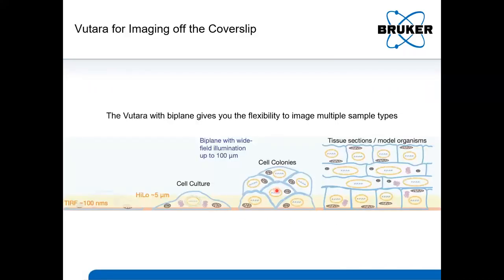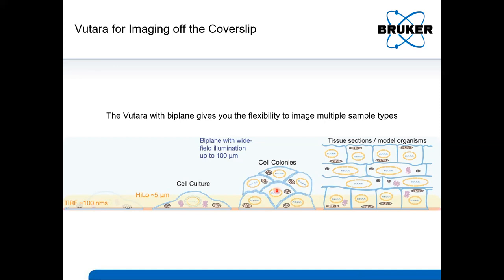The Vutara offers a proprietary biplane technology and is the only commercial single molecule resolution system offering this technology and the capability of imaging far from the cover slip. This is due to the fact that biplane detection does not rely on point spread function engineering to obtain Z information.